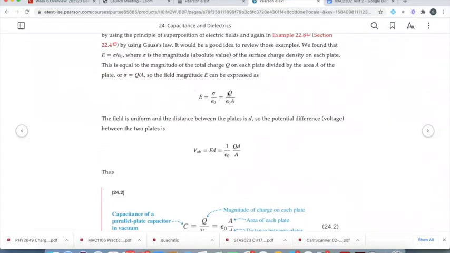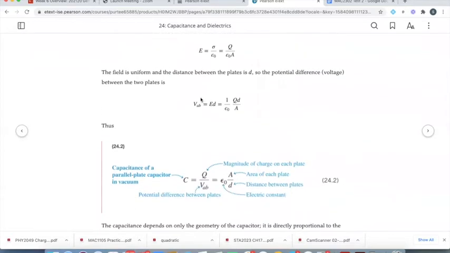So that could be rewritten as Q over epsilon naught A. That's our electric field in between the plates, in the middle of the plates. We know when you have a constant electric field, you guys did this in your lab, V is approximately ED. That's V_AB. That's not change in V. That's not final minus initial. This is a weird notation we use for initial minus final.